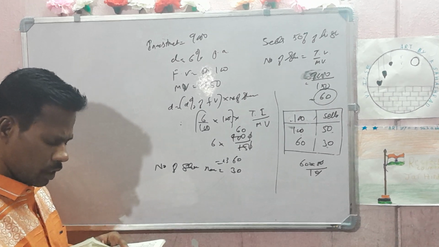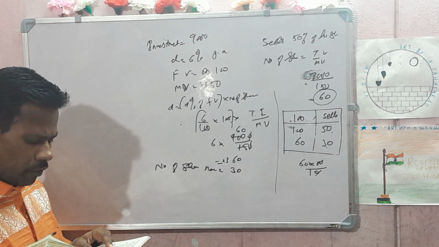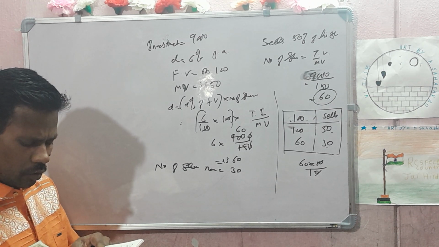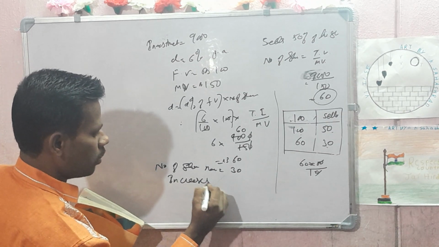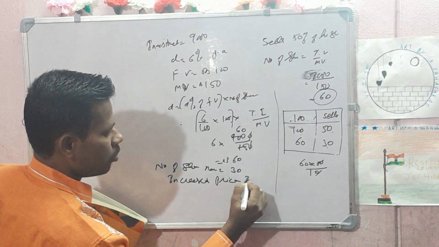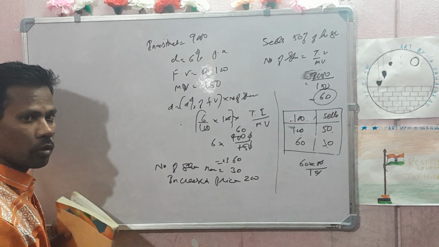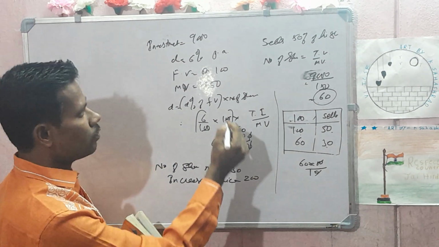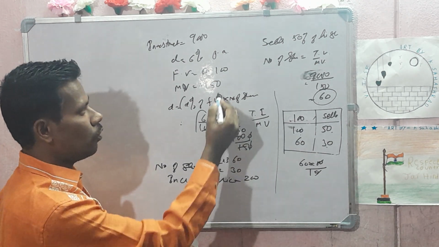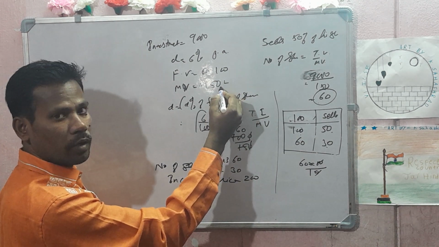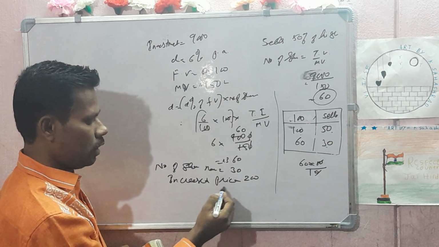What is his annual? This is over. He sells 50% when the price rises to 200. Price increases to how much? 200. So he is selling how many shares? 30 shares. Actually, the market price is 150. Market value is 150.